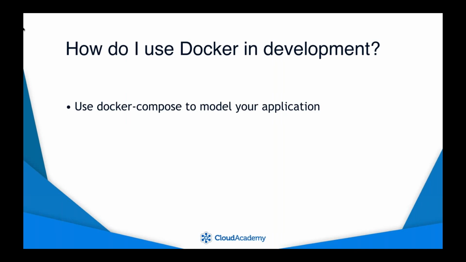Docker Compose is a tool that allows you to model your application with a configuration file. What this does is allow you to describe all of the different containers that make up an application, their configuration, like their networking, and things like that.